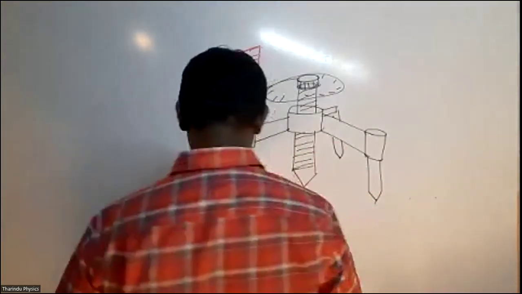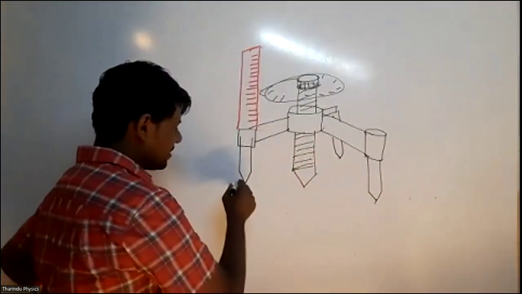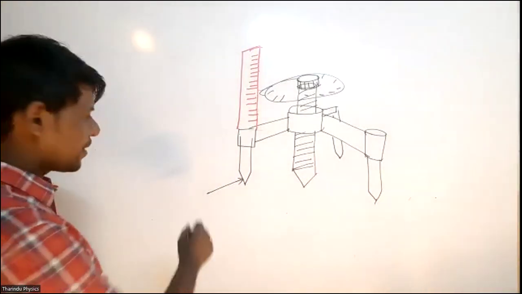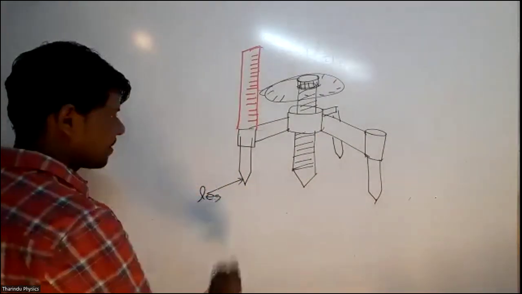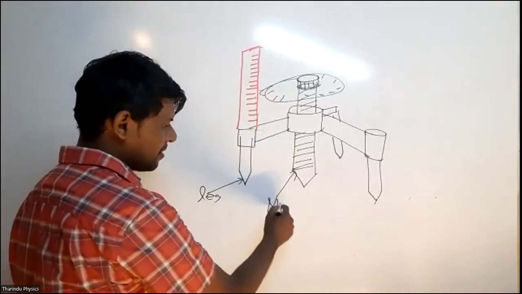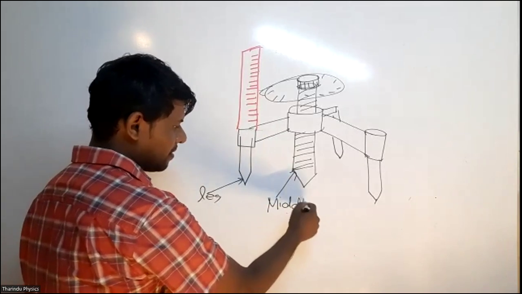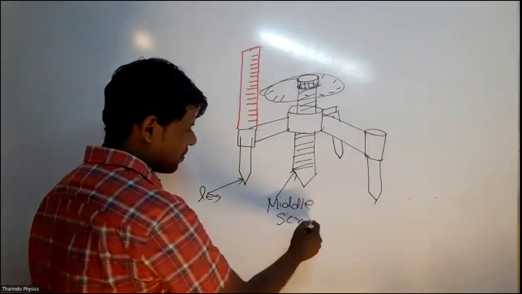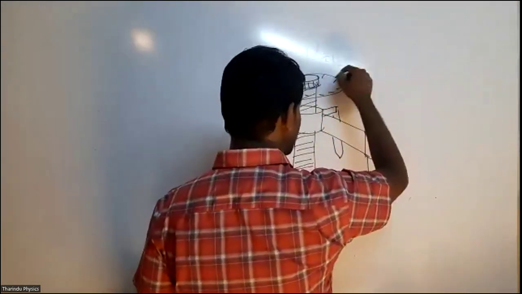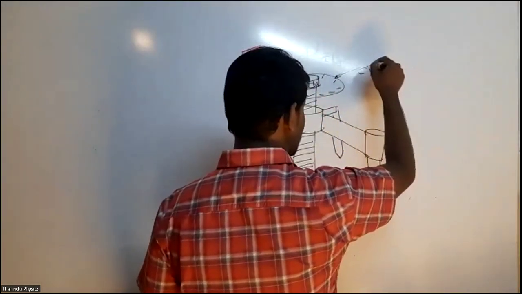So I can consider this one as a leg of a spherometer, and this middle part as the middle screw. And here the circular scale.